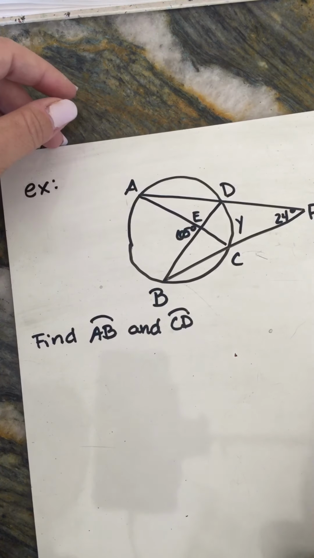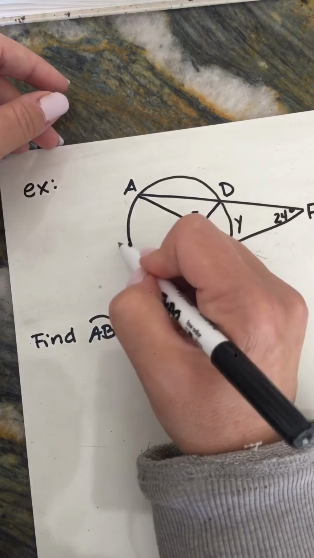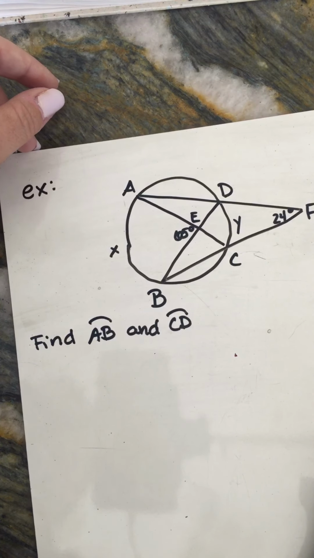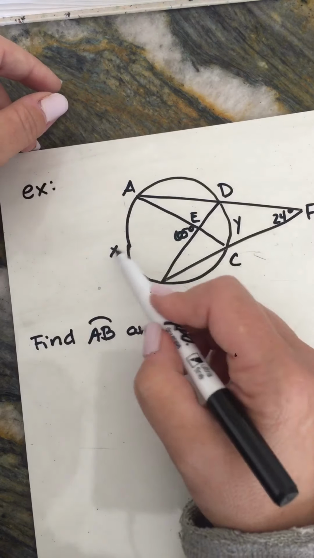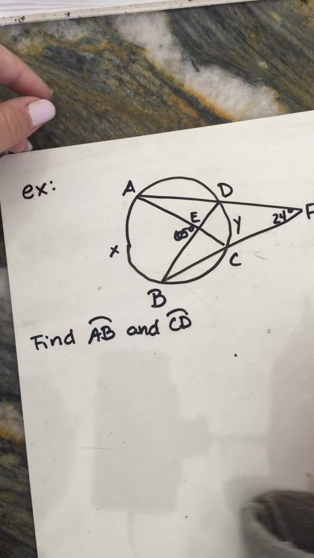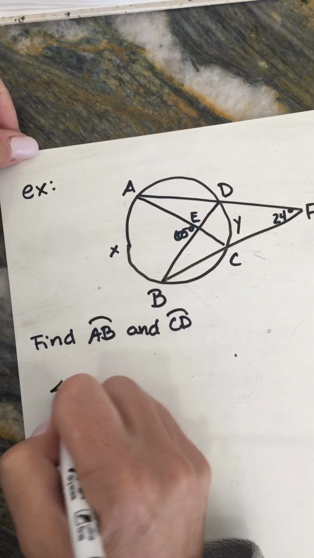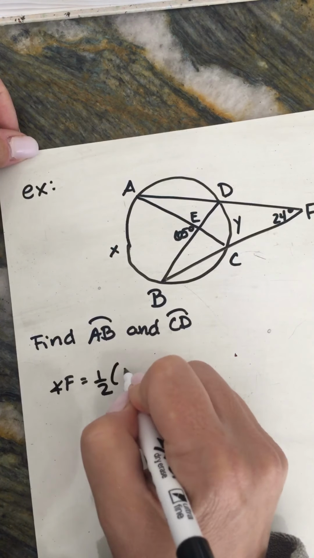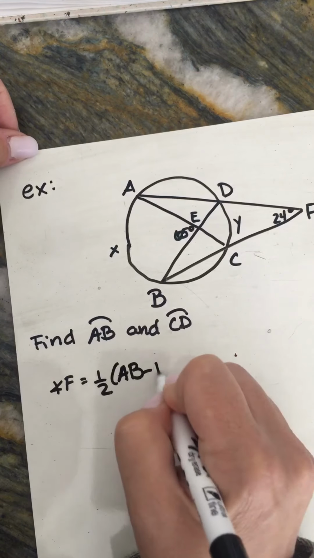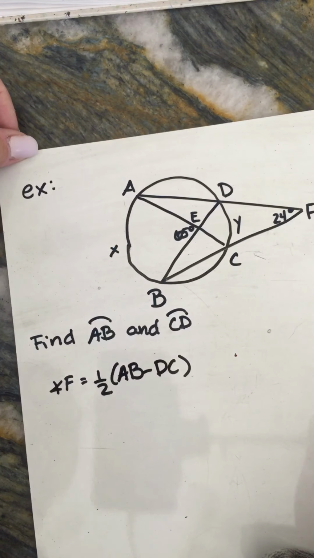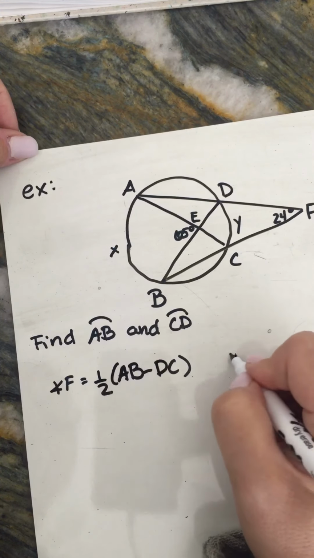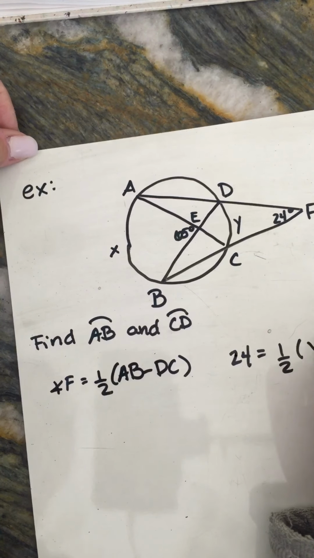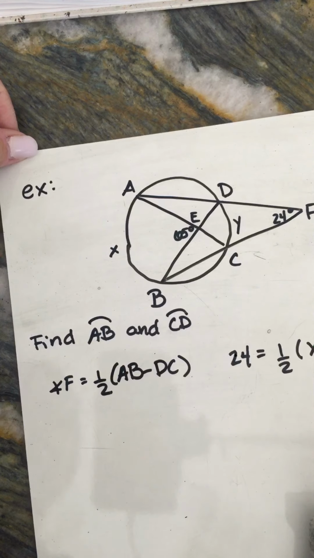And so we said CD was y, let's let AB be x. And we're going to look for some relationships here. So x and y and the 24 have a relationship. So we could say angle F equals 1/2 of AB minus DC. So that would be 24 equals 1/2 of x minus y.